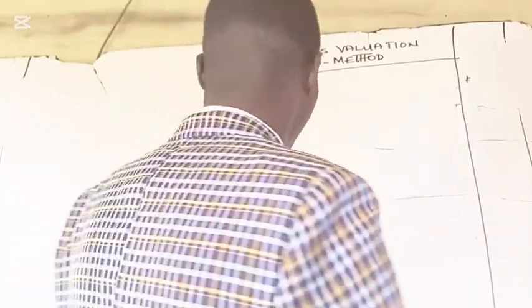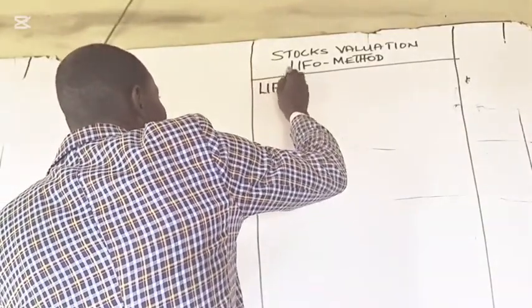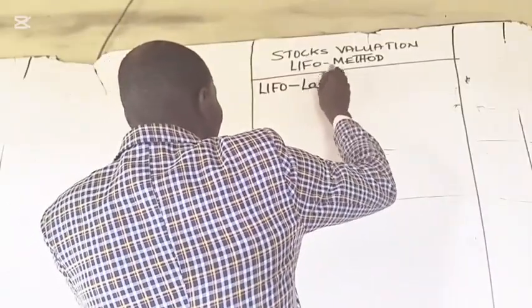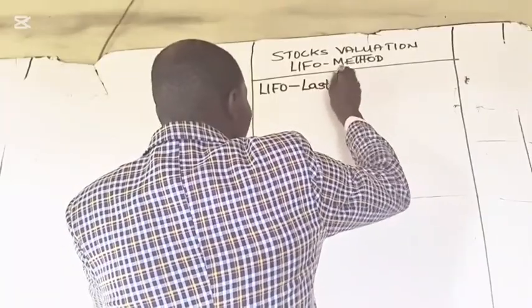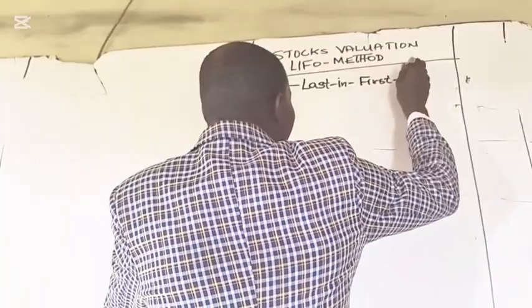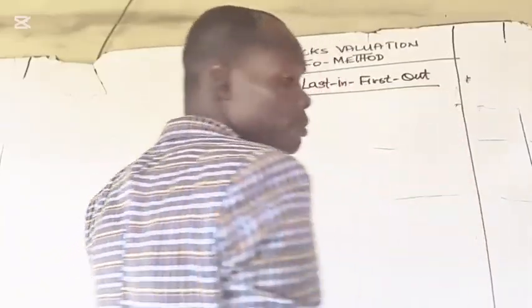What is LIFO? LIFO is an acronym for last in, first out.